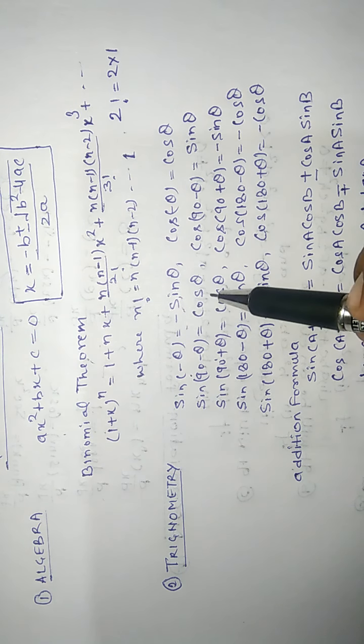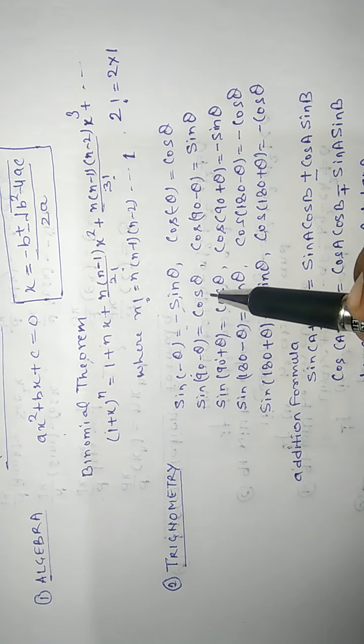Using these formulas, we can calculate the value of a particular angle. Suppose we want to calculate sine 120. Then it can be written as sine 90 plus 30, and sine 90 plus theta becomes cos theta.